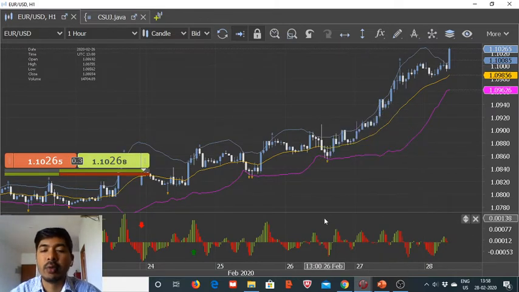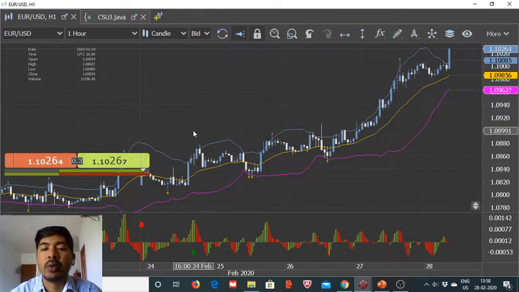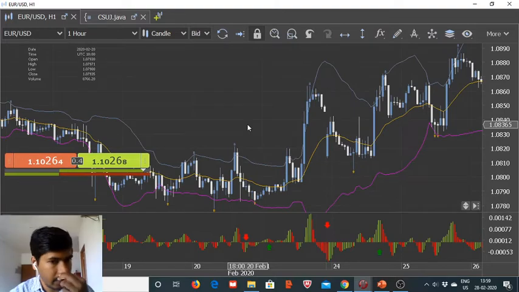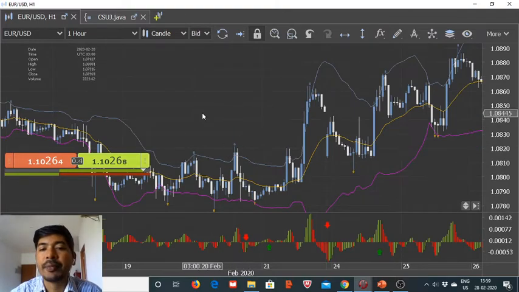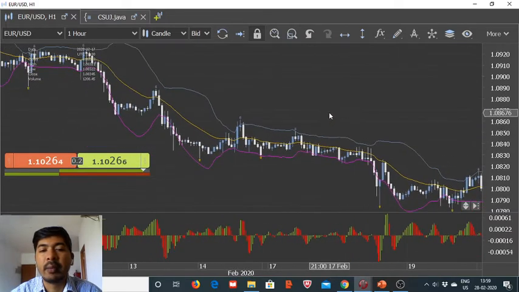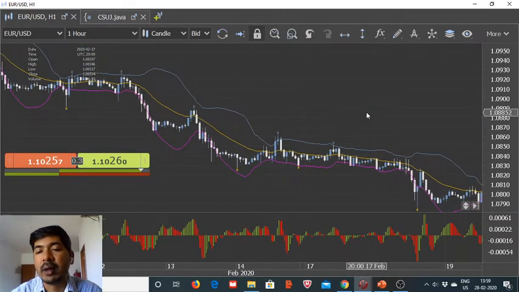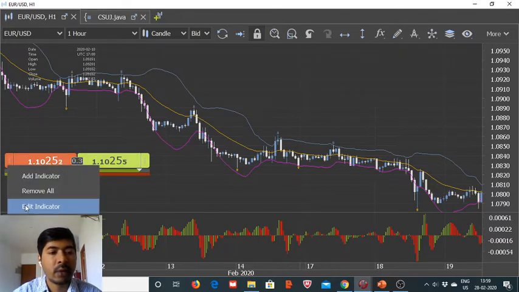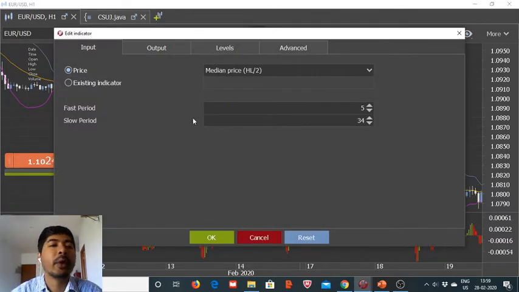We will also be using the AC2 indicator to determine the entry and exit point. You can notice that this is the 20 EMA band, and many times what happens if we use the AC2, let us go into the input and output level.